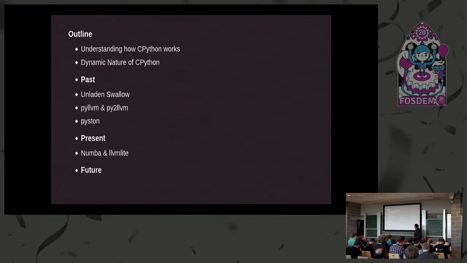PyLLVM uses AST, and in my first approach I used AST, the same approach. Piston and Numba also use bytecode, so mine isn't different from the others, but I try to simplify the process of theirs in my examples in both ways.